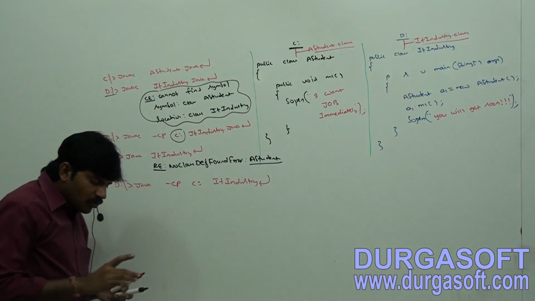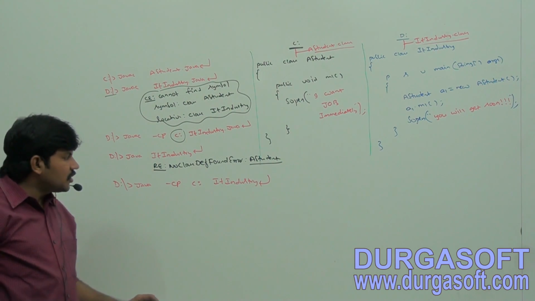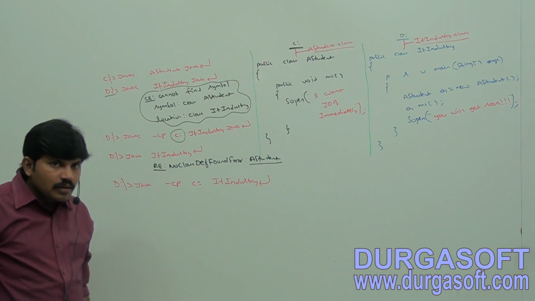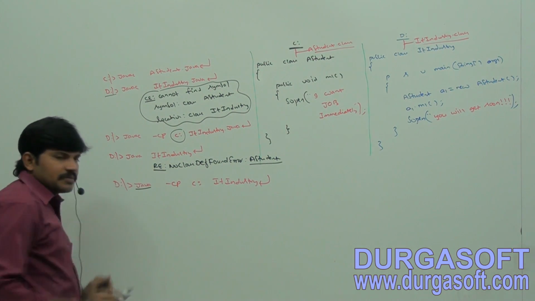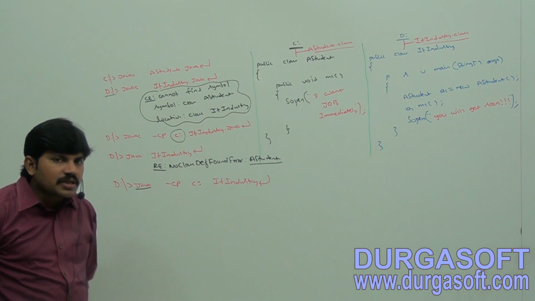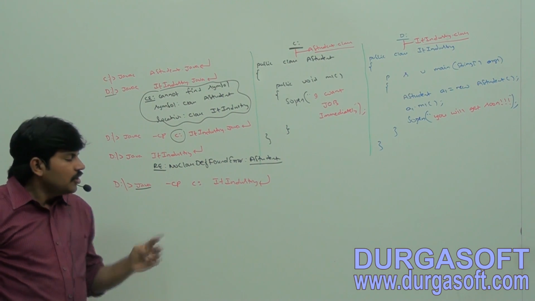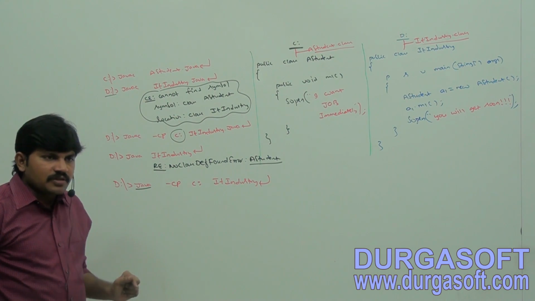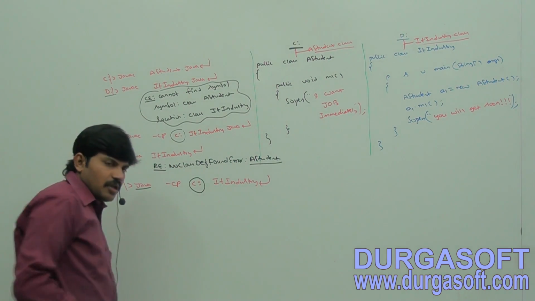Sir, can you tell, is it going to run or not? No, because to execute this command, how many classes are required? Two classes: first ITIndustry.class, second AStudent.class. But you set the class path, so my JVM always searches for any required .class file in the C location.